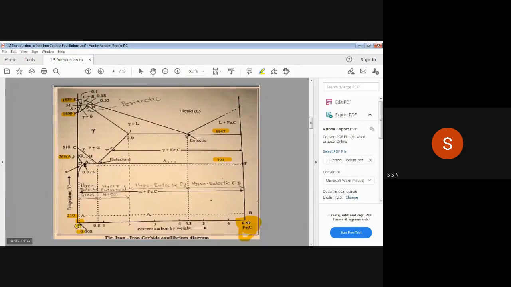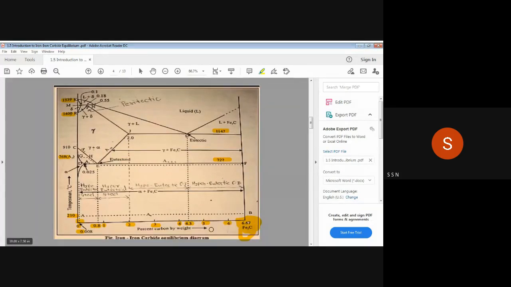So here 0% of carbon, 0.08%, 0.8%, 1%, 2%, 3%, 4%, 4.3%, 5%, 6%, and last 6.67%.